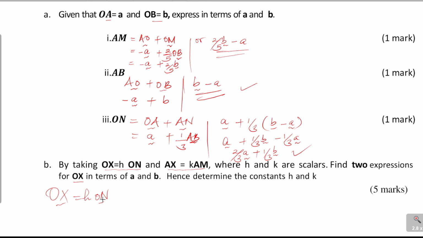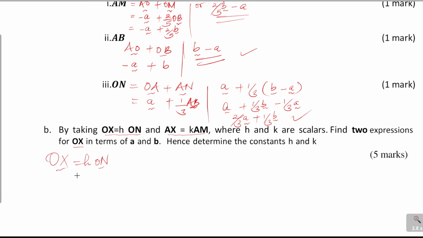Since we have ON, we only need to substitute. So this will be H, then ON is given here: 2/3 A plus a third B. So this will give 2/3 HA plus a third HB.